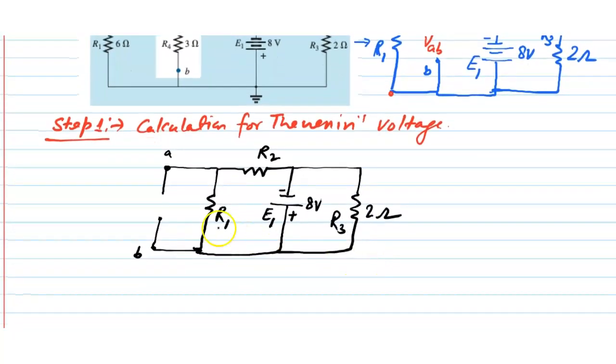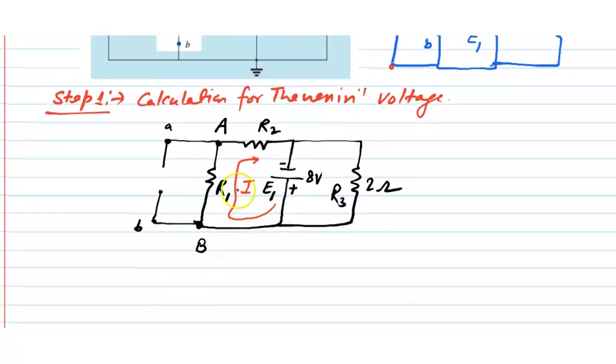Now calculate the voltage across this terminal. Suppose this is A and this is B. We have to find out the voltage drop across A and B. So let's apply KVL in this closed path, and because this is positive, the current flows this way, and the current is I.